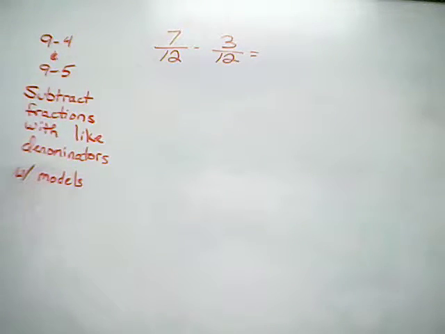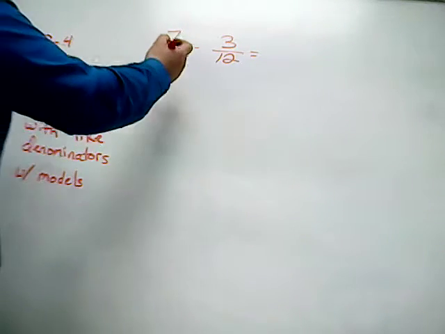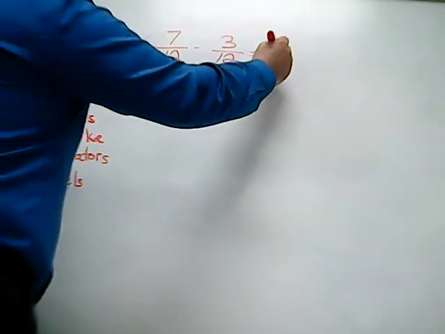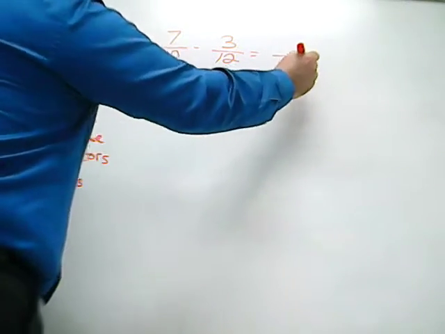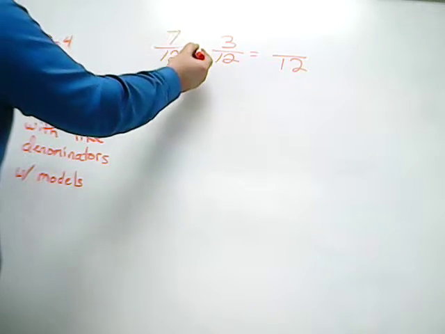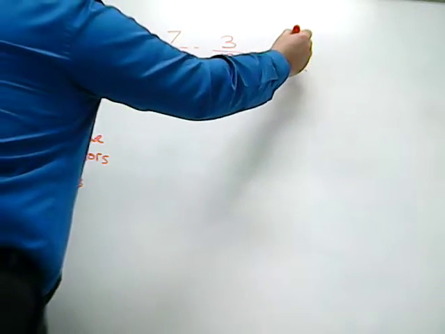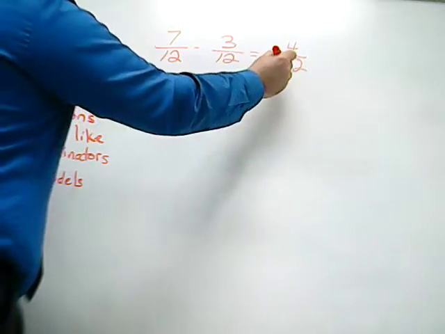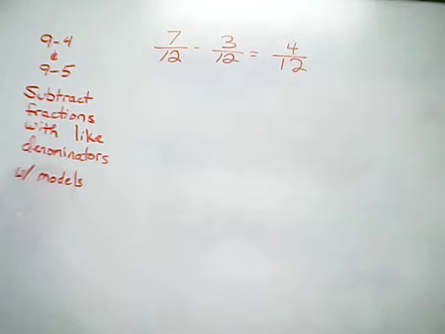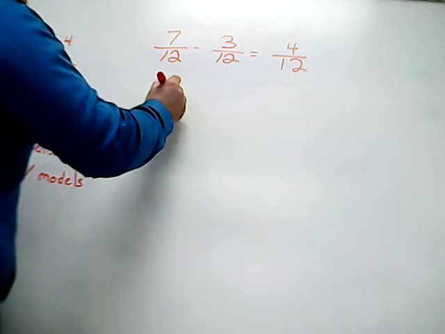Just like adding, we're going to do our operation to the numerator and always keep our denominator the same since they're alike. 7 minus 3, 4. Keep my denominator of 12 the same. The difference between 7/12 and 3/12 is 4/12.